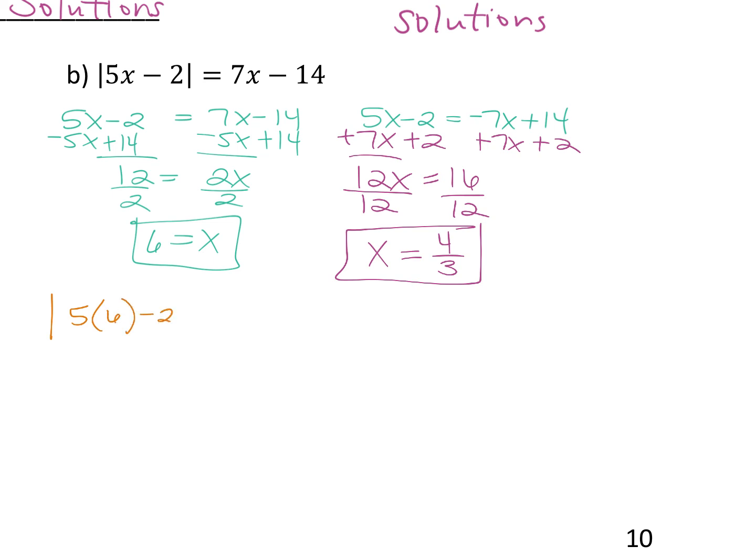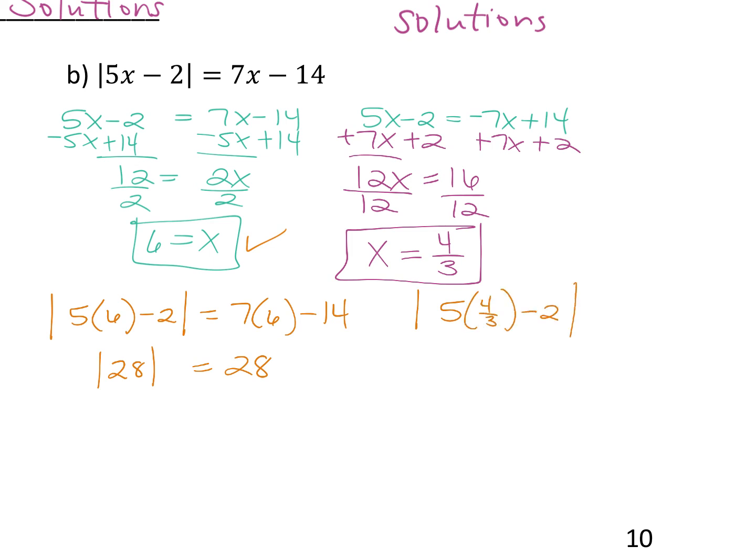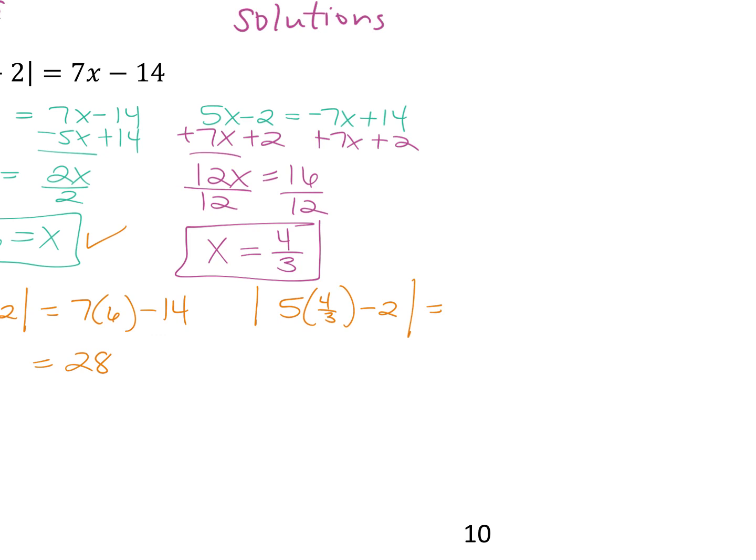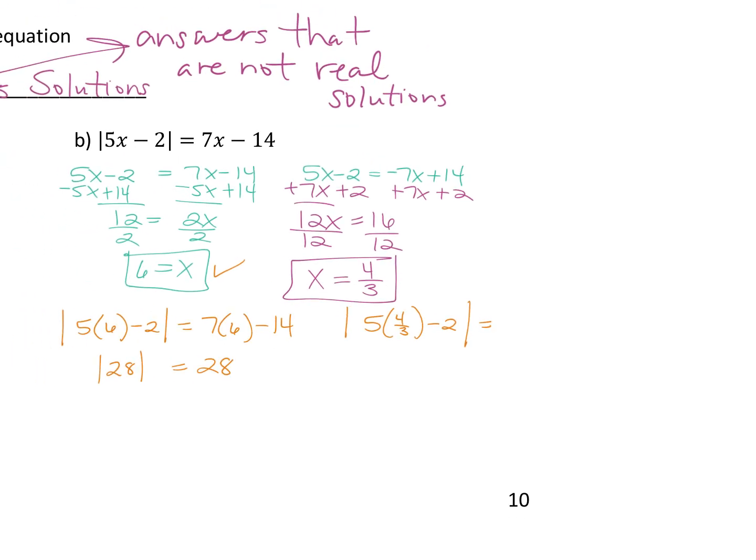5 times 6 minus 2 equals 7 times 6 minus 14, right? So if you plug this 6 in, you get 30 minus 2, so absolute value of 28 would be 28. 7 times 6 minus 14 is 28. 6 work? 6 is good. 4/3, you're going to say the absolute value of 5 times 4/3 minus 2 equals 7 times 4/3 minus 14. By the way, you always go back to the original to plug in. Did I say that before?